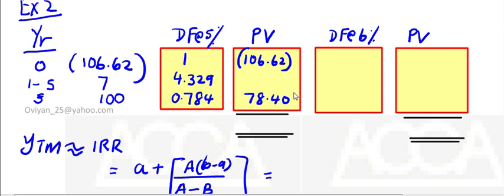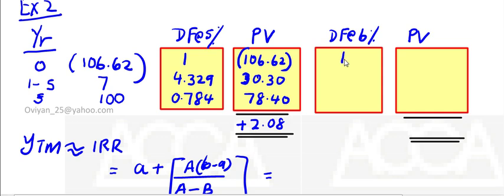This is 4.329 times 7, and you're going to get 30.30. So 30.3 plus 78.4 minus 106.62 is positive 2.08.